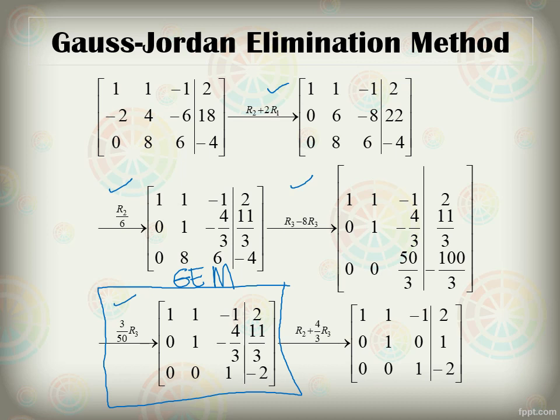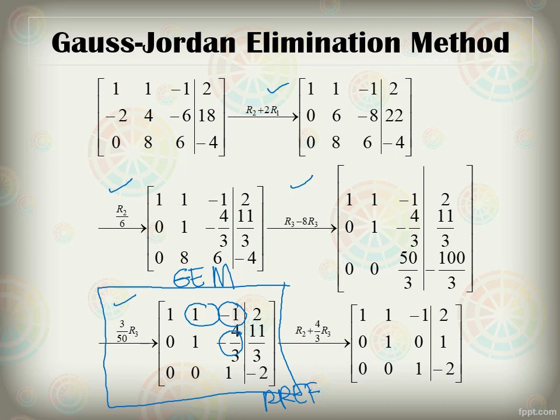As I have mentioned before, Gauss Jordan elimination method is the extension of GEM. Why do I say it is an extension? Because you just proceed a little bit more by reducing this to 0, this to 0, and this element to 0, and then you will get RREF form.